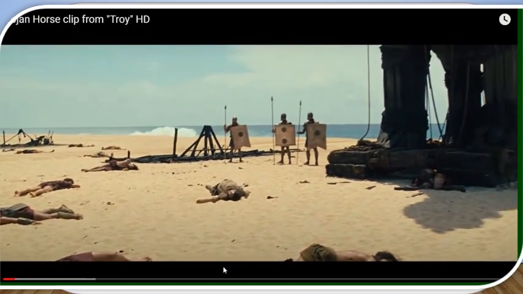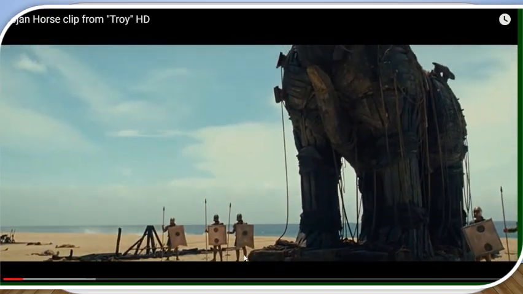Yes, many Greek soldiers were killed by the Trojans.